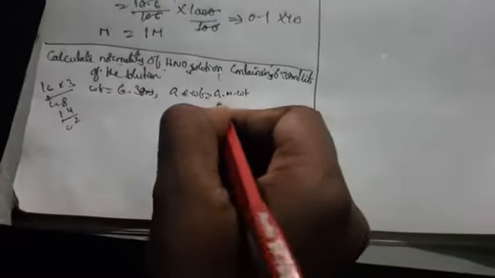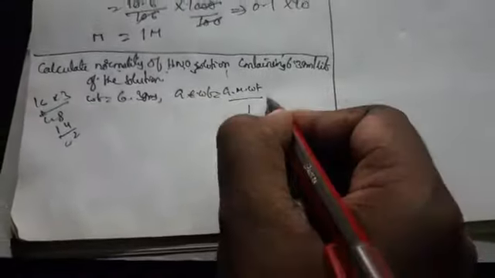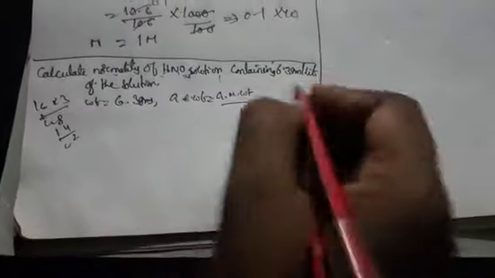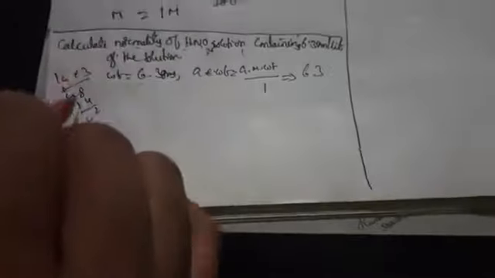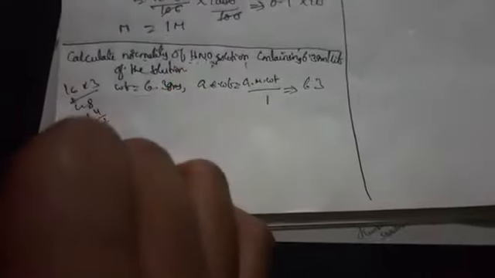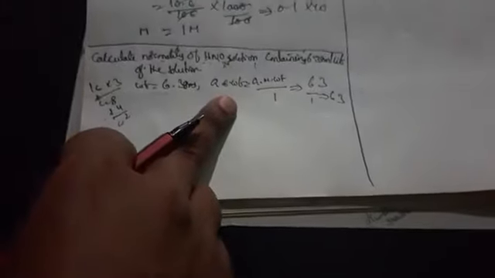Gram molecular weight by how many H plus ions it has. Only 1 H plus, that's why I have written 1. So gram molecular weight we get is 63, divided by 1. 63 is the gram equivalent weight of HNO3. This is the way to find the gram equivalent weight of acids.